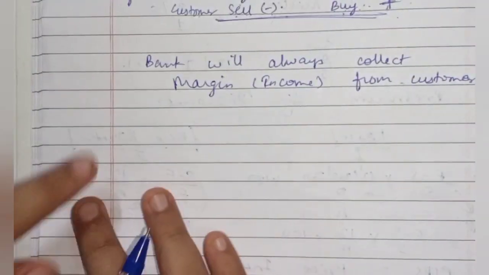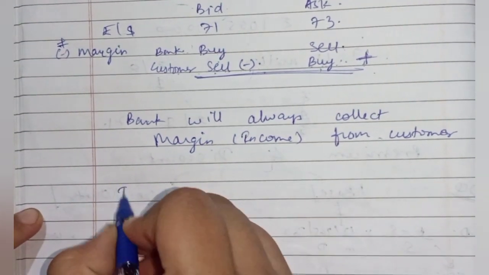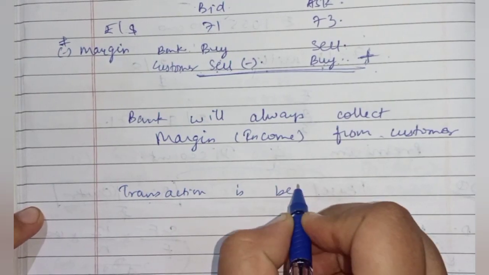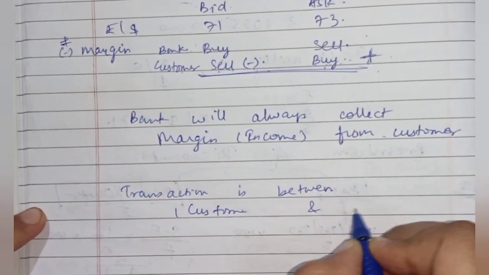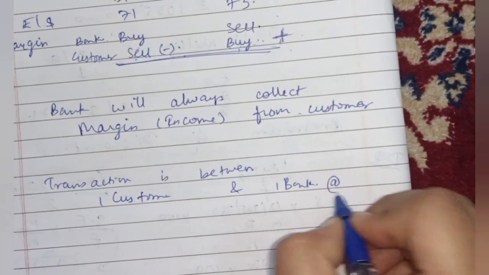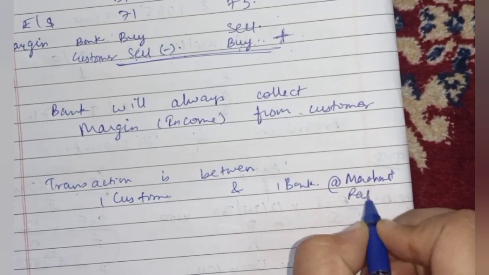So to summarize all this discussion, I can summarize it as: when the transaction is between one customer and one bank, then the transaction will be done at merchant rates.